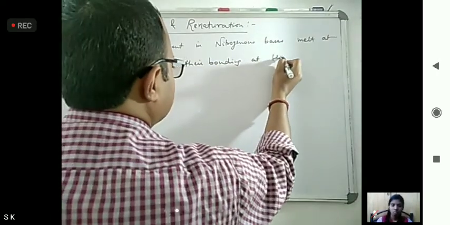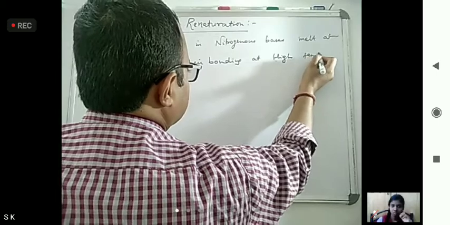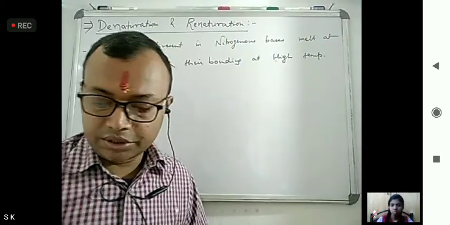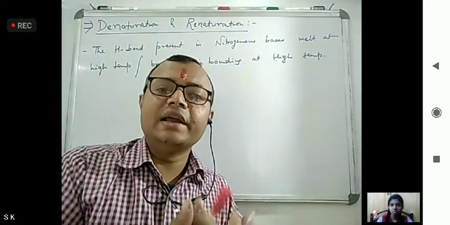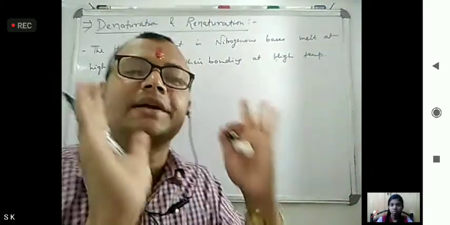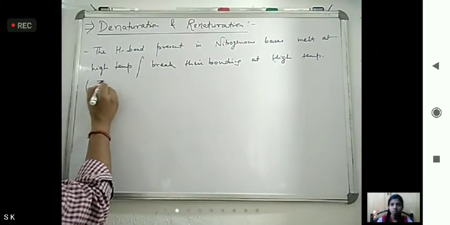Now, this temperature range is 82 to 90 degrees centigrade. So it is melting.